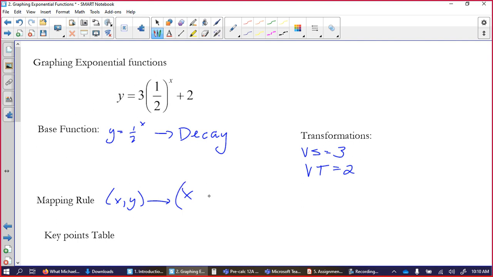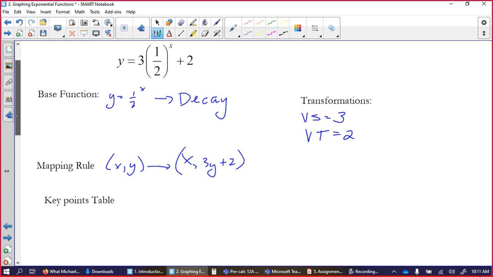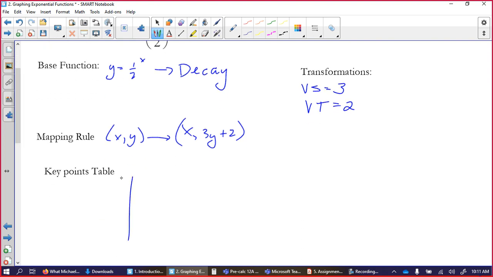So x, y goes to x, 3y plus 2. Again, we're going to look at our key points: negative 1, 0, 1. That's always going to be 1. A half to the negative 1 is 2. A half to the 1 is a half.